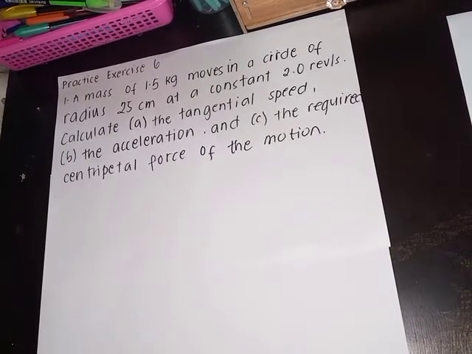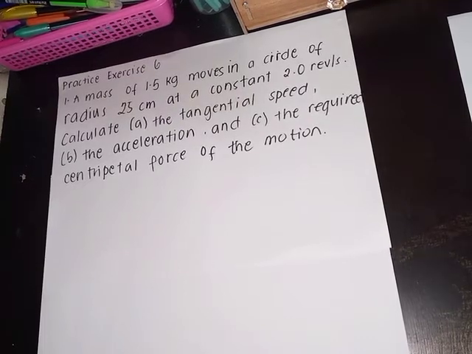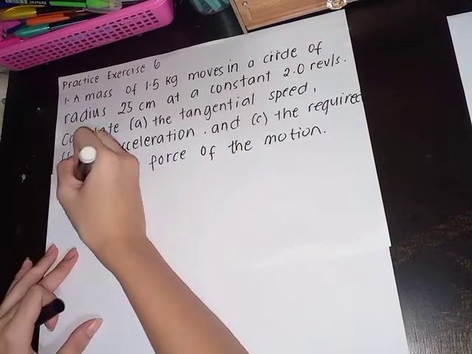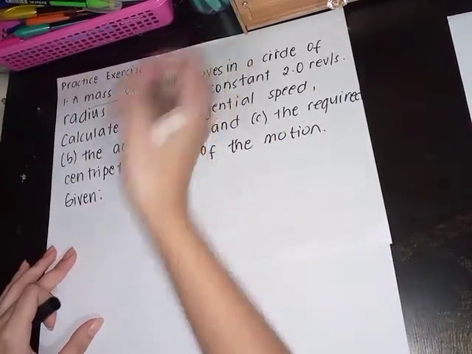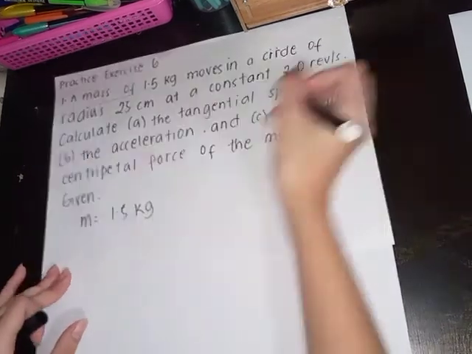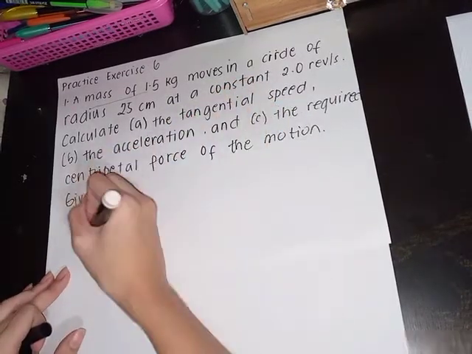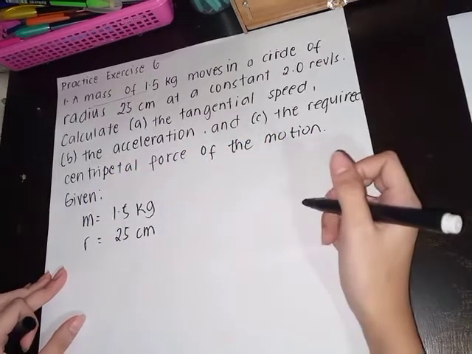So we have 3 things to find, which is the tangential speed, the acceleration, and the required centripetal force. So first, we have to identify the given. The given are, we have a mass of 1.5 kilogram, and then we also have a radius of 25 centimeter.